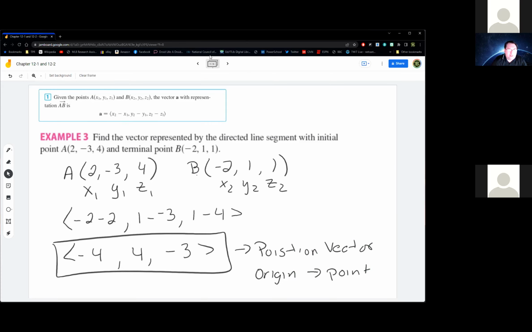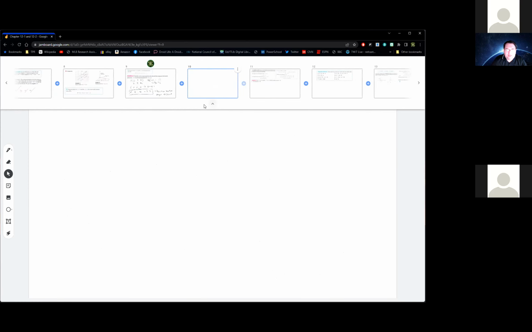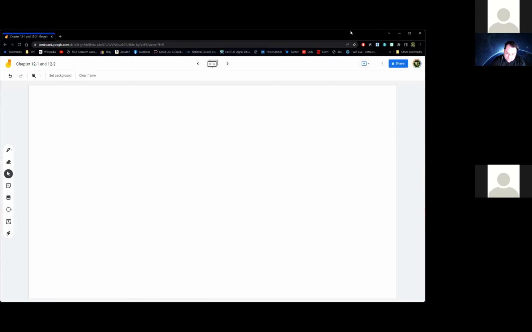Let's actually do another one. So if I had a vector that starts off at 5, -2 and goes to 7, 3. This vector is in 2-dimensional space. A is 5 and -2, and B is 7 and 3.